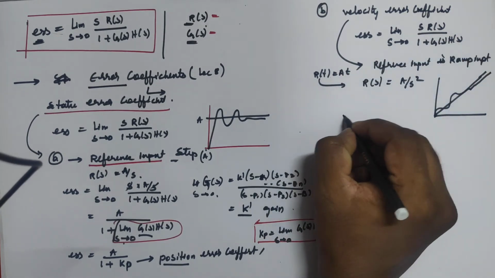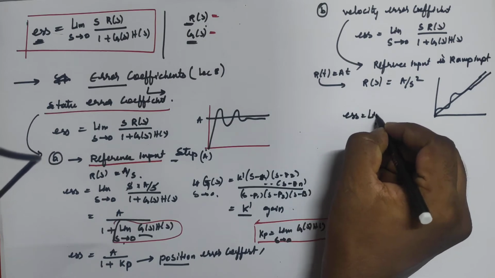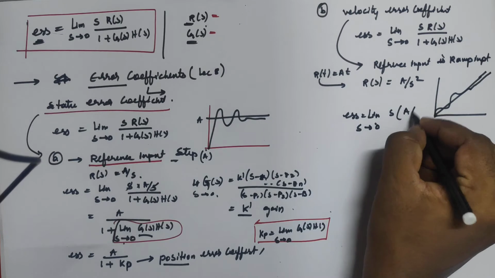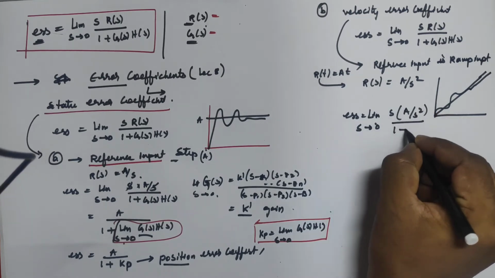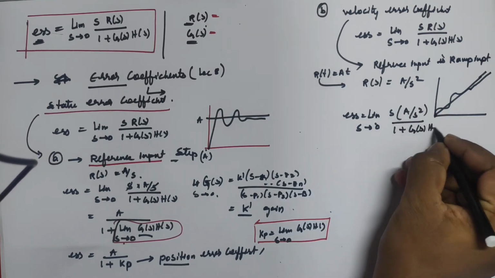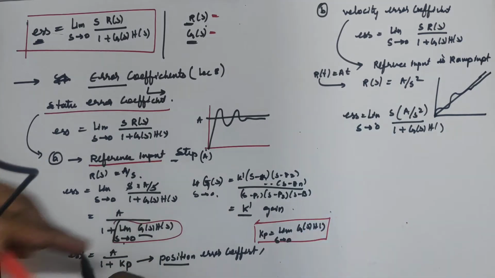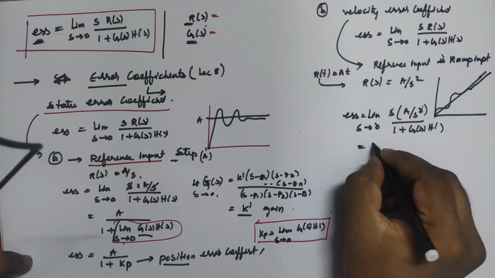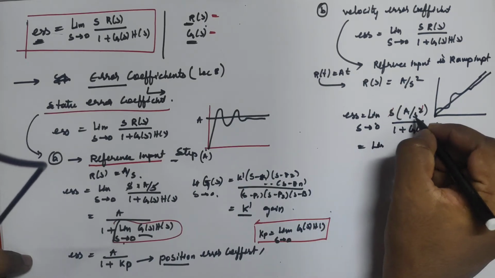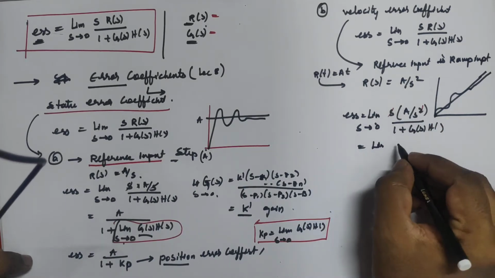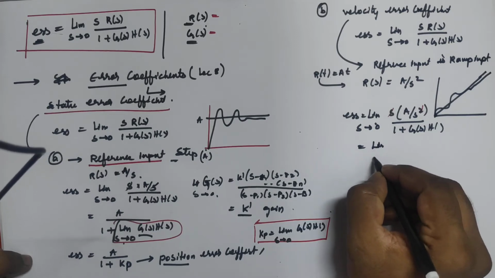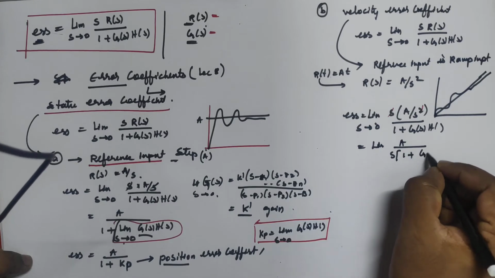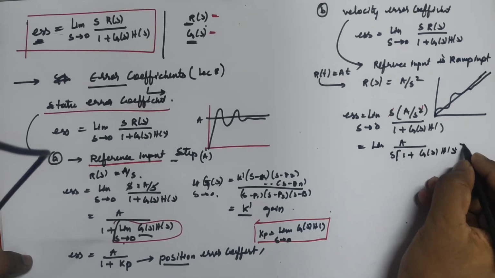Substitute this here, so we obtain e_ss equal to limit s tends to 0 of s into A by s square by 1 plus G(s)H(s). Cancel the s terms, and you end up with A by s into 1 plus G(s)H(s).